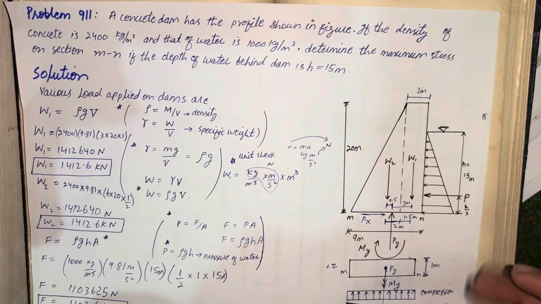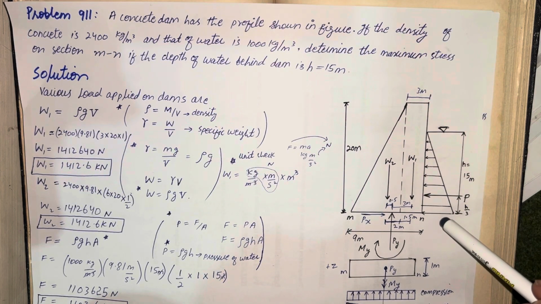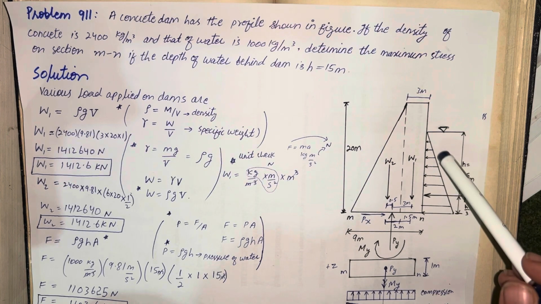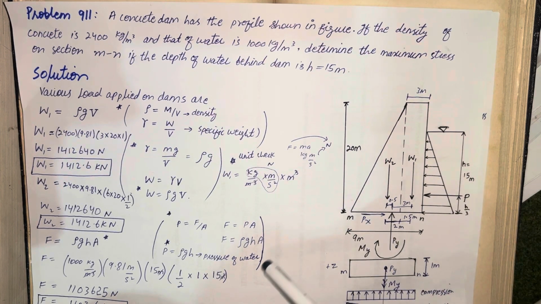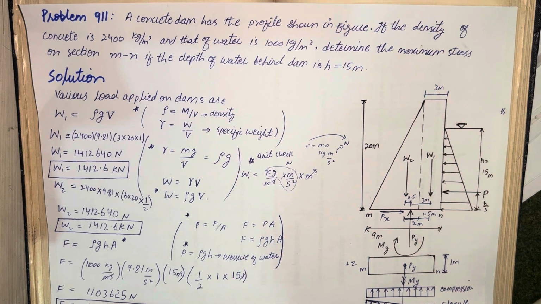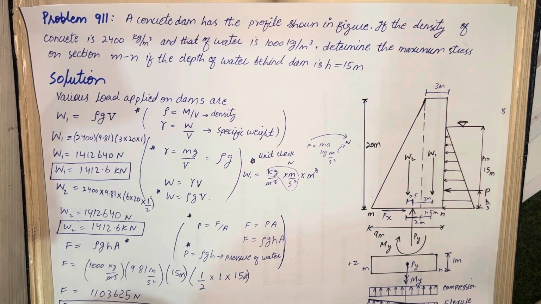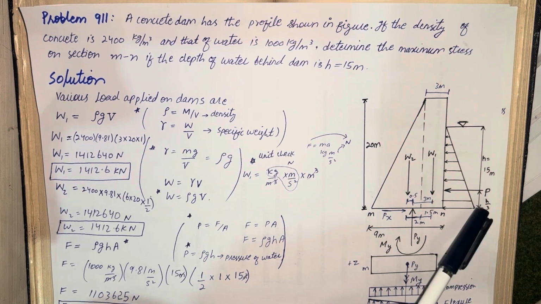We have to find the area of this triangular load, so it will be equal to half into 15 into 1, where 1 is the length of the base where we are finding the combined stresses. So just equate these values and we would get 1103.6 kilonewton, this value of force.